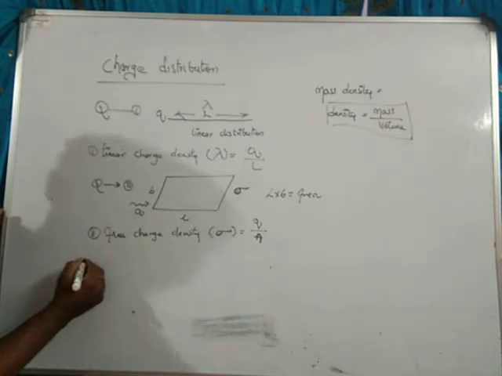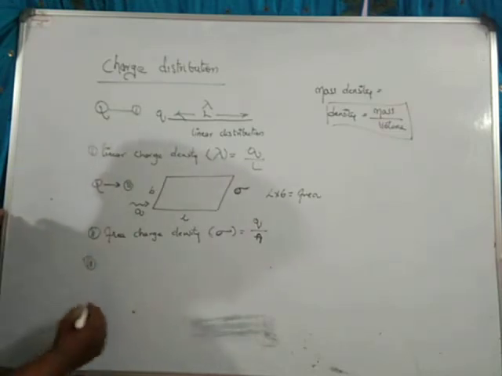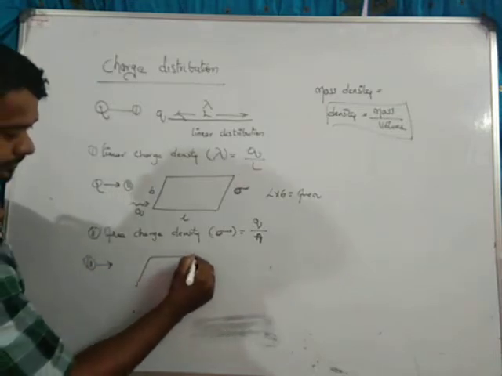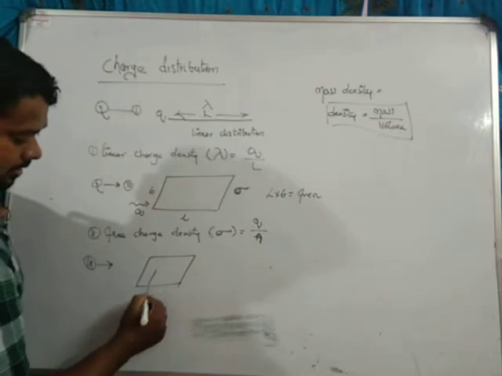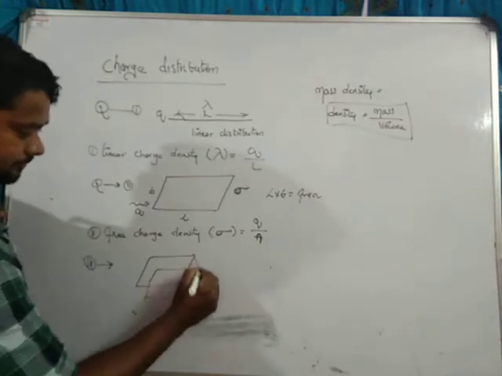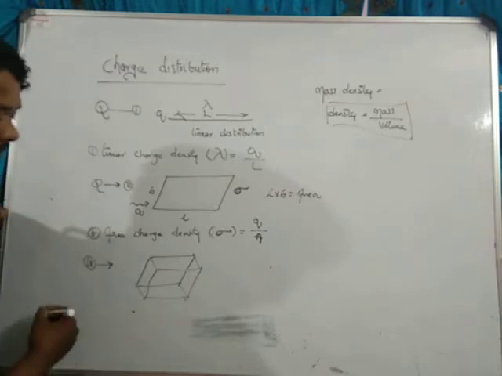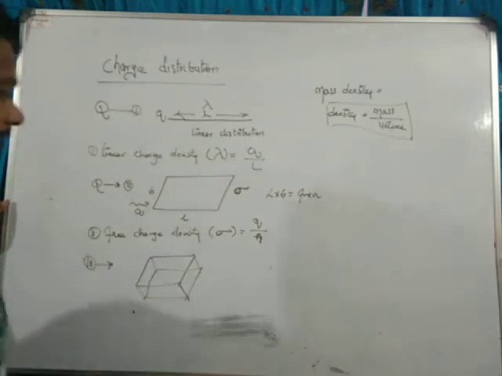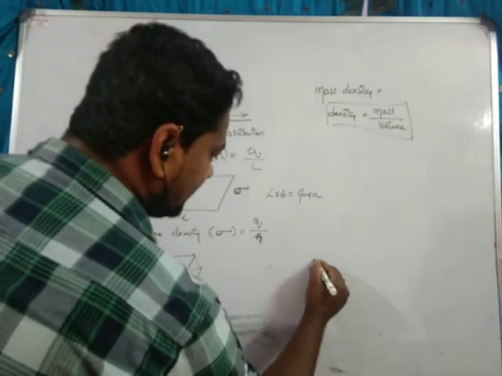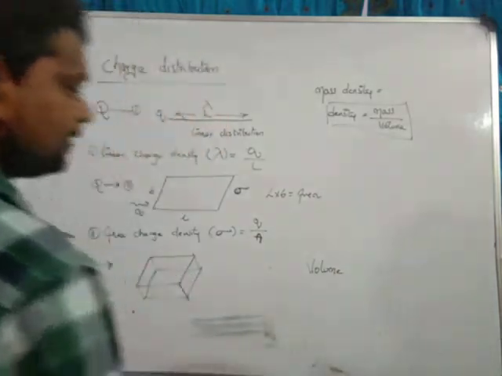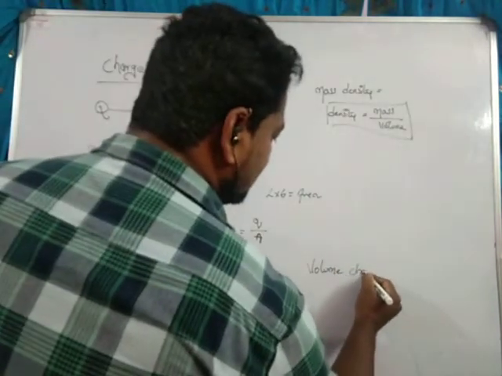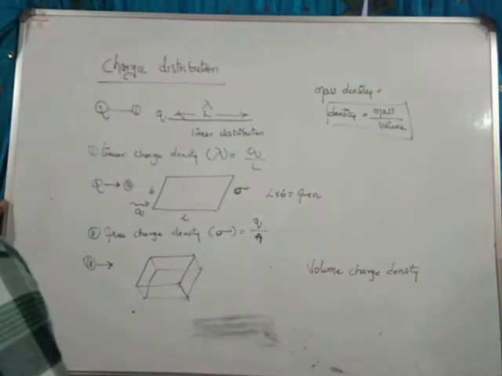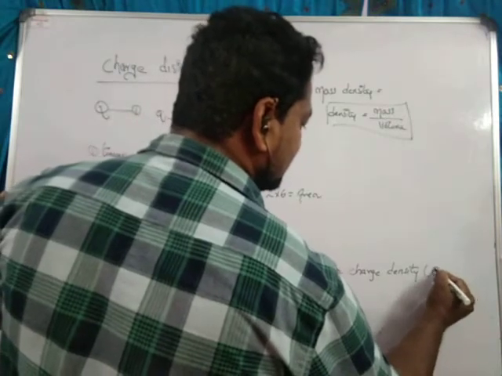And the third pattern: here we consider a cuboid. Whenever we consider a cuboid, we have a volume. This we call volume charge density, denoted with rho.